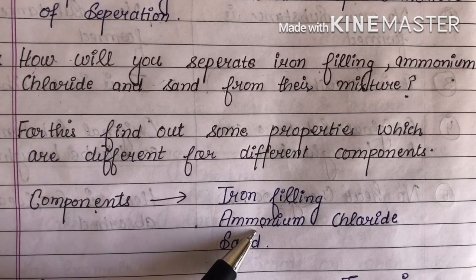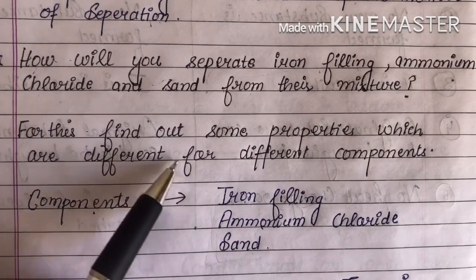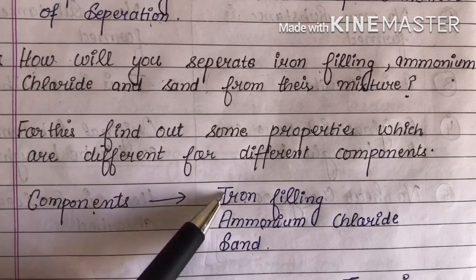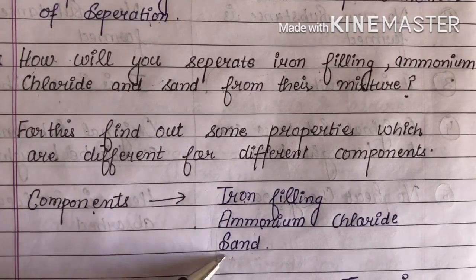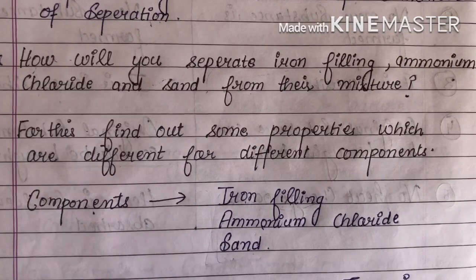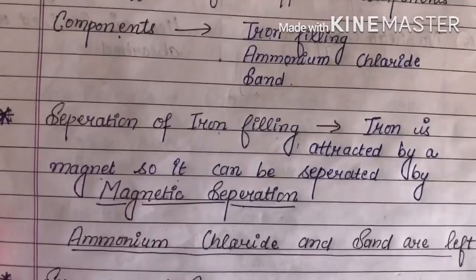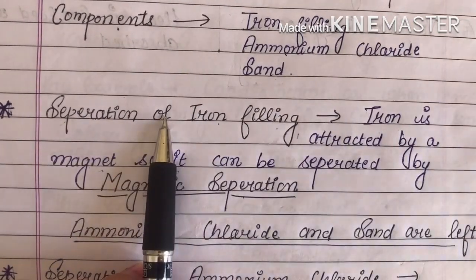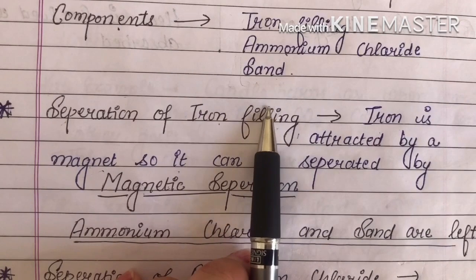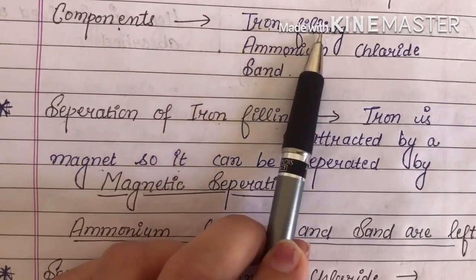For this we have to find out their different properties, the properties that are not similar. Then we separate the components one by one. We start with iron filling.